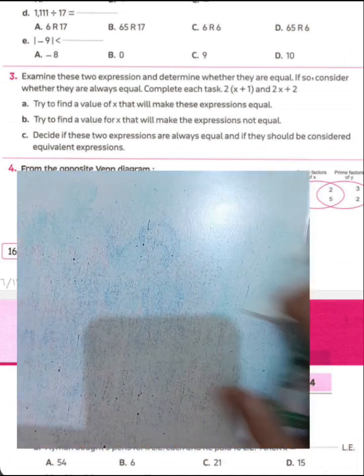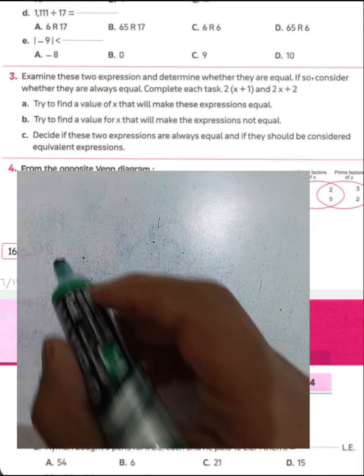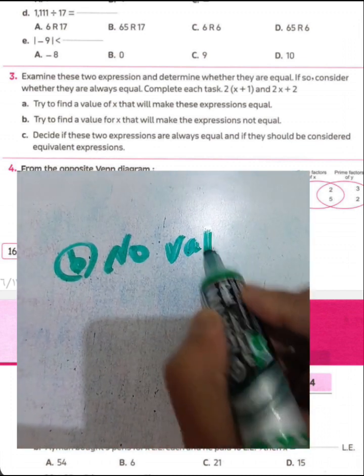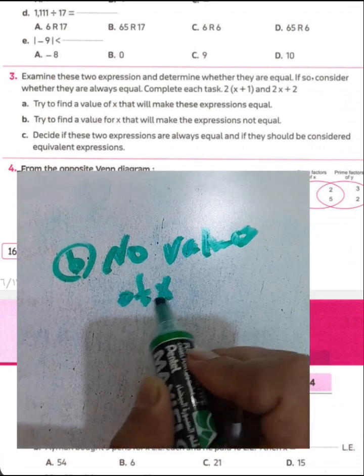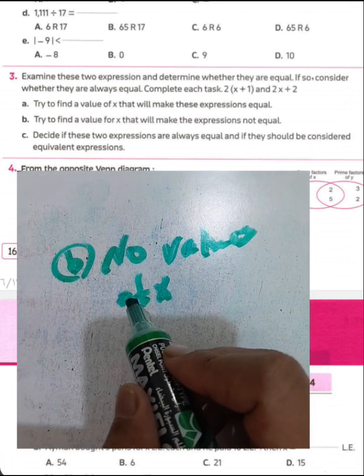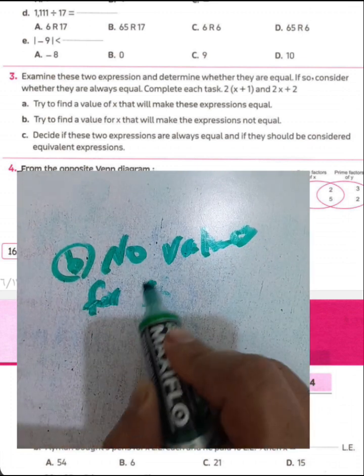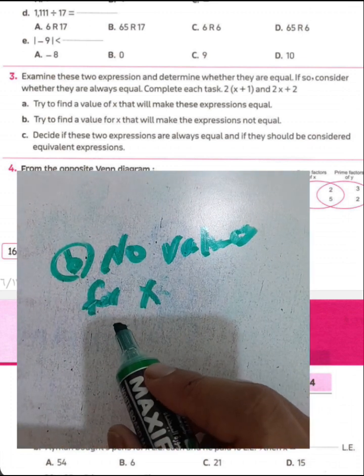Try to find a value for x that will make the expressions not equal. No values of x, because the first expression equals the second expression, so no value for x.